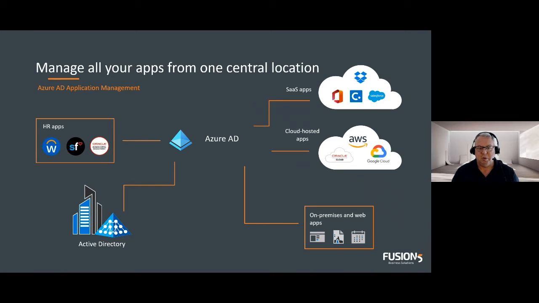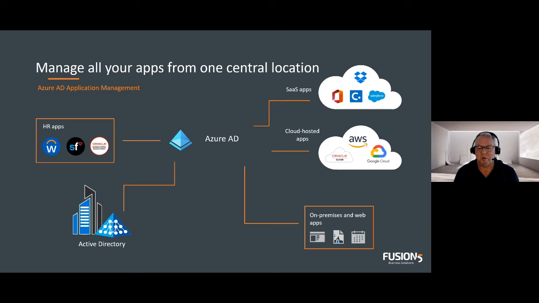I mentioned that one of the first steps we want to look at is making sure that all the applications we have are managed through a single identity provider. In this case, Azure Active Directory acts as our single identity provider, providing a single sign-on experience. As this slide shows, we can even connect to services such as SaaS apps that live inside the cloud environment, and not only the Microsoft application framework, so Dropbox, Salesforce, Microsoft, etc. We can use Azure Active Directory to provide the single sign-on experience into other cloud-hosted services.